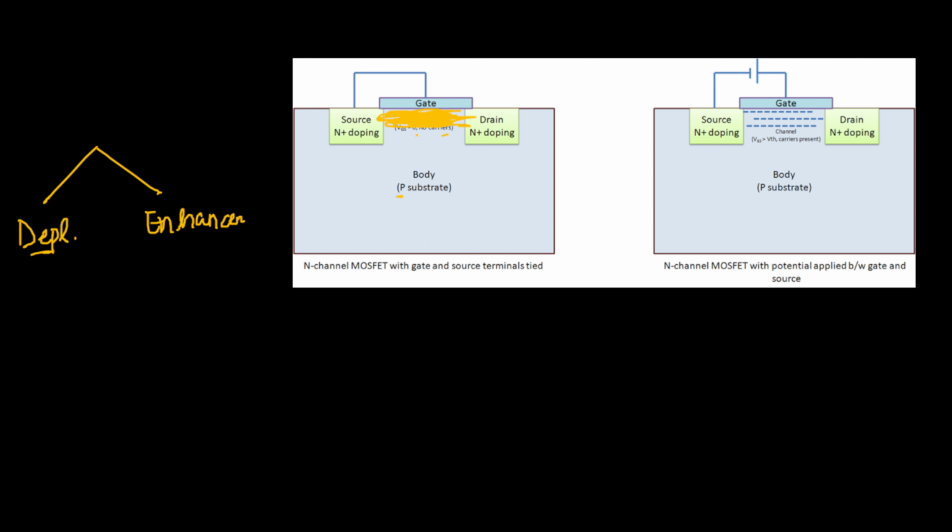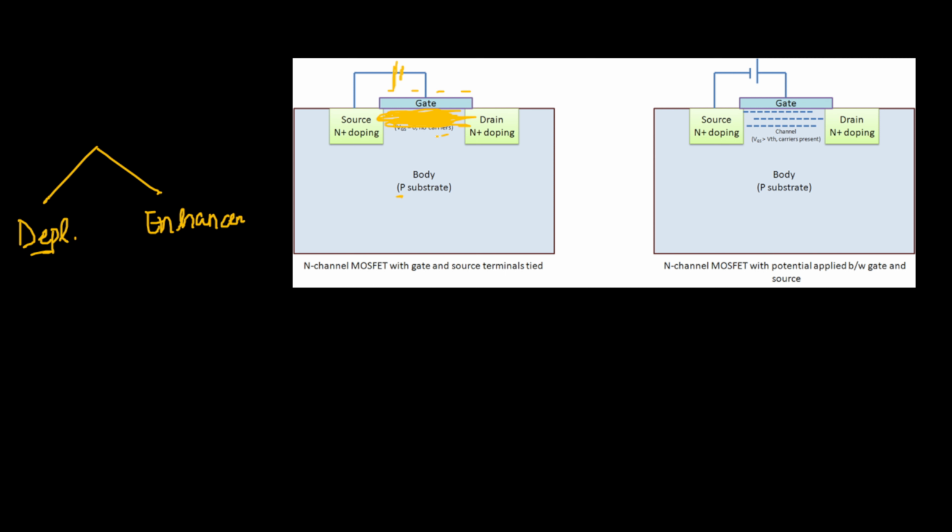So if the channel is absent, basically there is no way the current can actually flow from the source to drain. So what actually happens in a depletion type is the channel is already made and we apply a negative voltage to the gate. So upon applying negative voltage to the gate gets a negative charge.